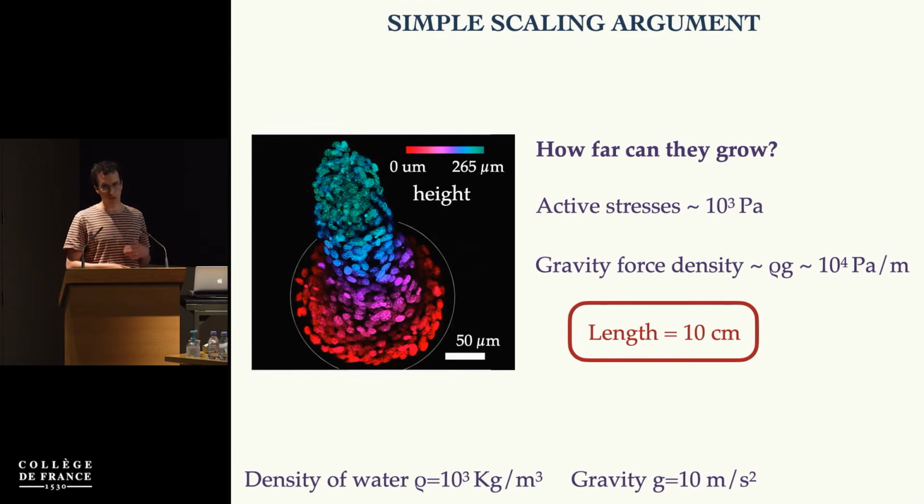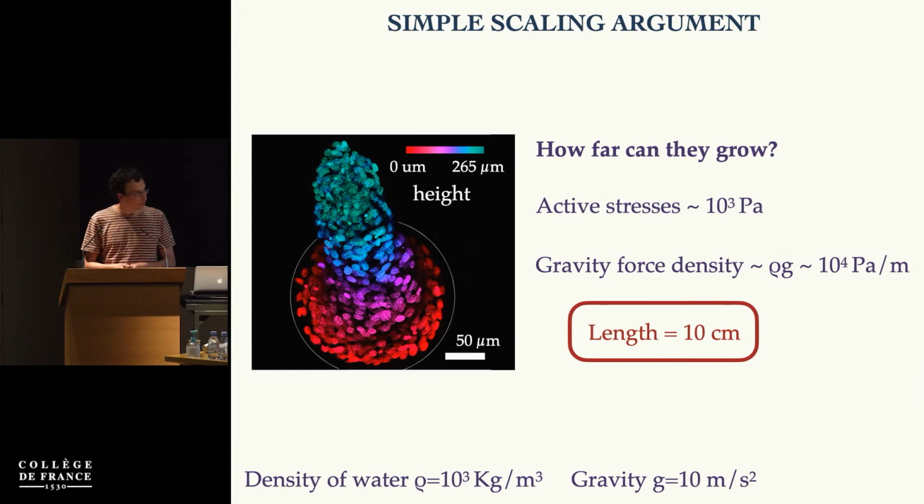So if we balance these two effects, we get a length scale which is about 10 centimeters. And what this tells us is that if the protrusions are smaller than 10 centimeters, you would expect the active stresses to drive the flow of cells vertically and drive the growth of the protrusions. But if it's larger than 10 centimeters, then gravity will dominate and will collapse the protrusions. So this is the limit length.